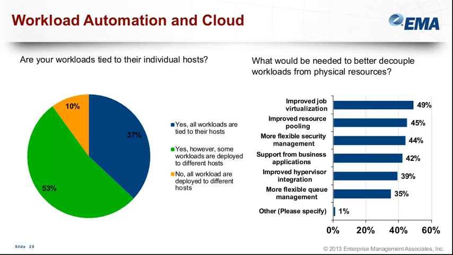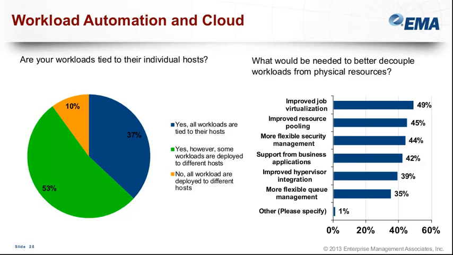So the reason for workloads not to move to the cloud: when we asked what is holding you back to benefit from cloud, you can mainly see that workloads are still tied to their individual home. You see 37% are entirely tied to hosts, 53% are somewhat tied to hosts, and only 10% can be moved freely.